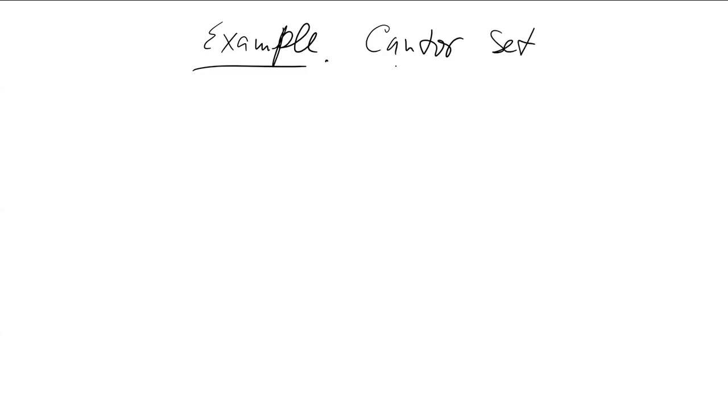Now let's consider examples. And this example is called the Cantor set. We start again, and this is done in iterations.